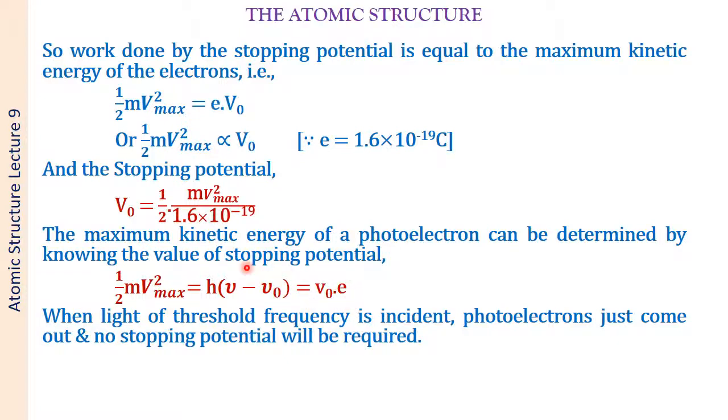Please do remember this. This is very important. Also remember that when light of threshold frequency is incident, the photoelectrons are just coming out. There is going to be no kinetic energy, and hence no stopping potential will be required.